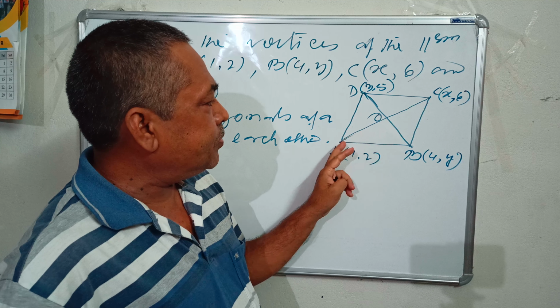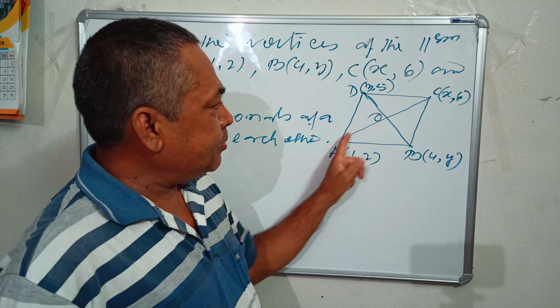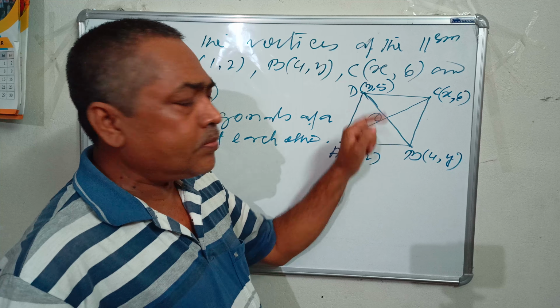That means O is the midpoint of AC, and O is the midpoint of BD also.